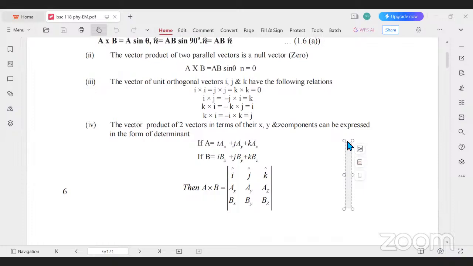Everybody? Yes, ma'am. I don't know much about using this tool, but I'm just trying. Why the X, Y, Z concept? I just want to see. If you understand this concept, everything will be easy.